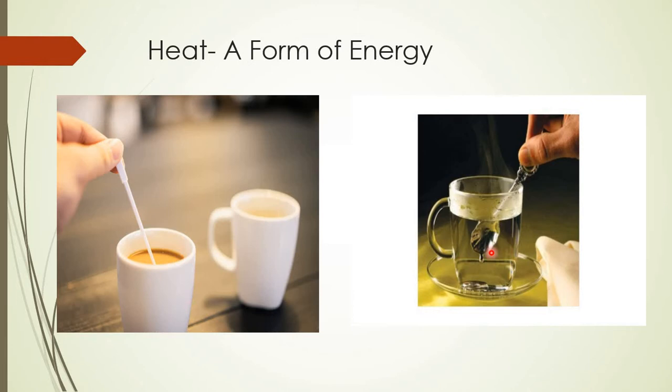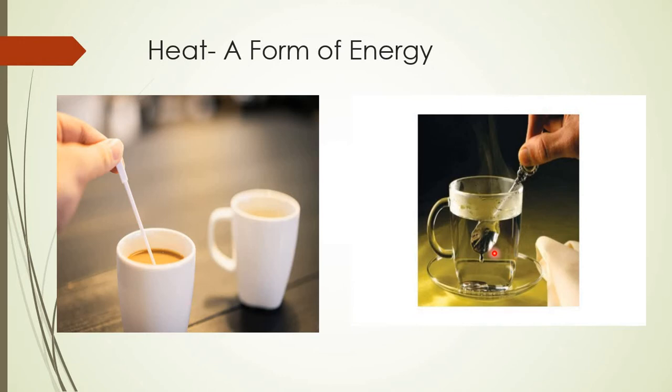So what is the condition for the flow of heat energy? The condition is that there is a difference between the temperatures of two bodies. Then a certain type of energy flows between these two bodies, and that particular energy is called heat energy. Here in this case, the heat energy flows between two bodies, the cup and the spoon.